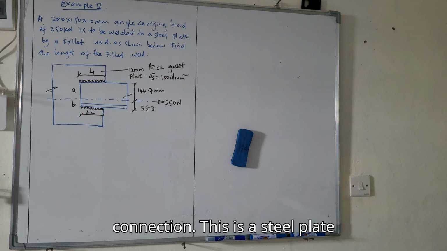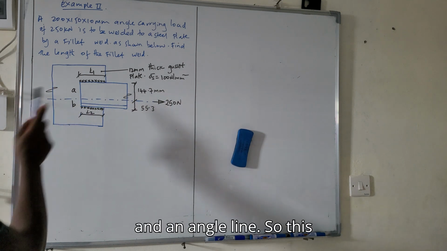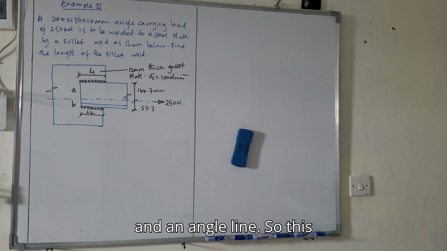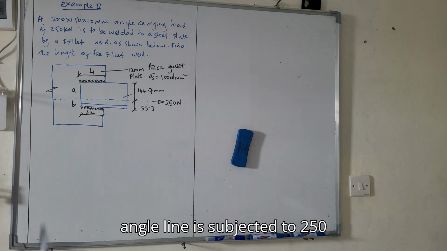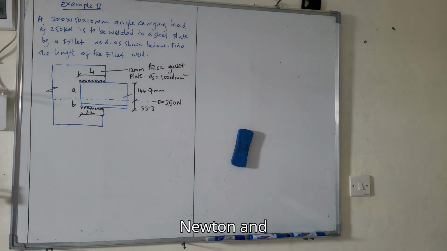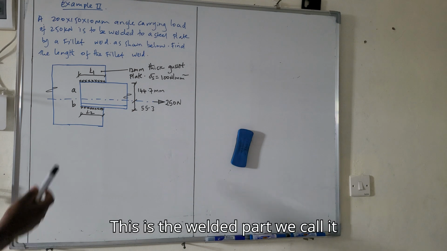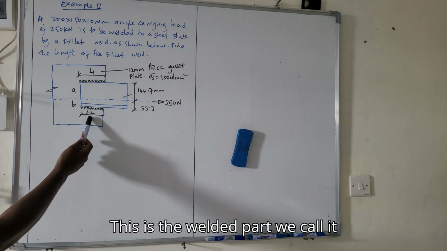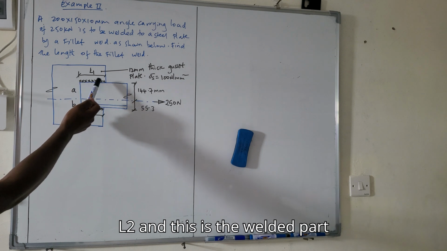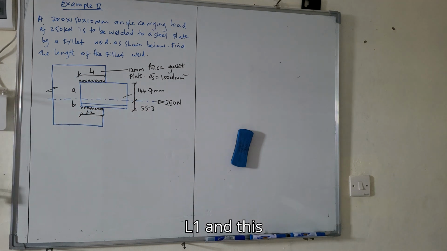So this is the connection. This is a steel plate and an angle line. So this angle line is subjected to 250 kilonewton, and this is the welded part. We call it L2, and this is the welded part L1.